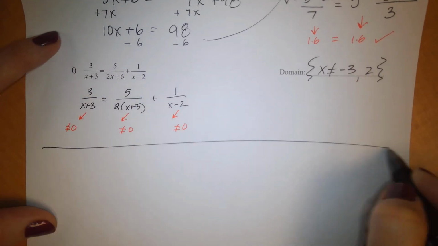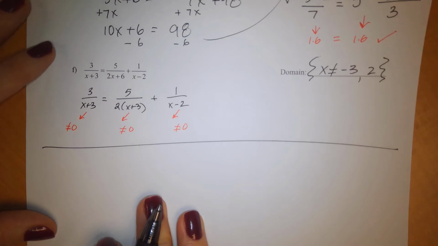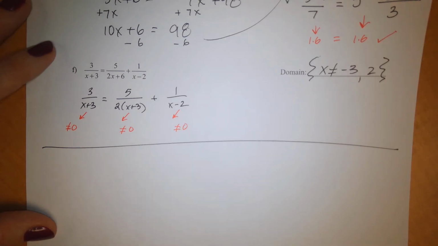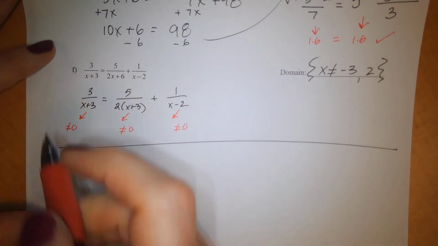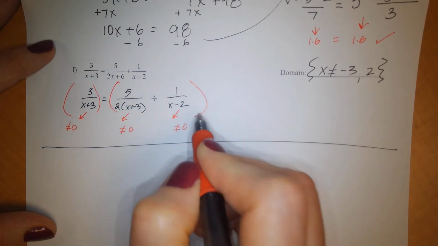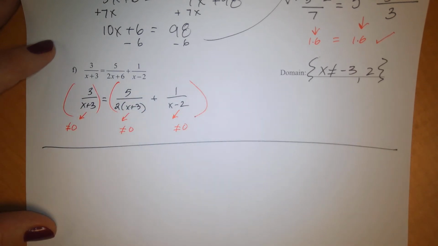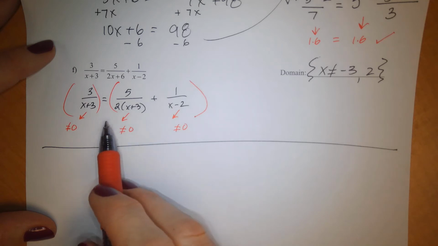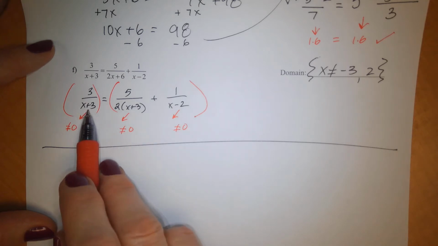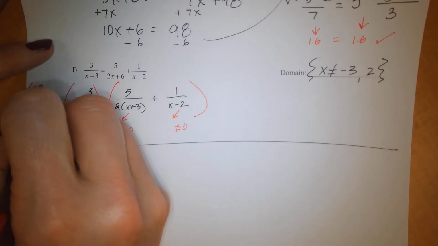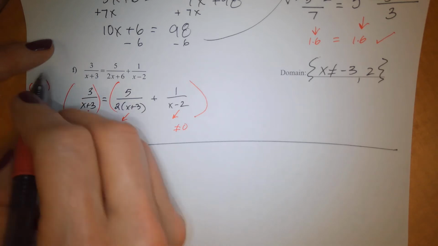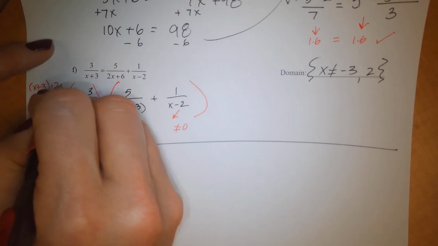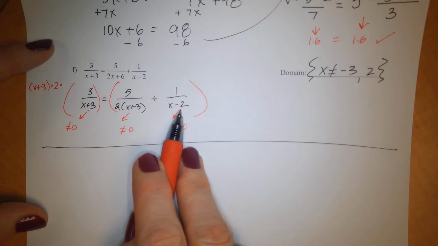Okay? So let's go ahead and solve this now. What I'm going to do is multiply both sides of this equation by the least common denominator. In this case, I'd have to multiply by x plus 3, I'd have to multiply by 2, and I'd also have to multiply by x minus 2.